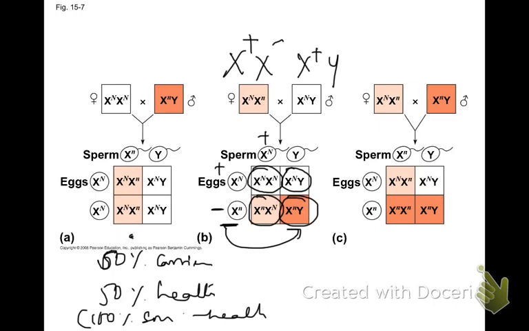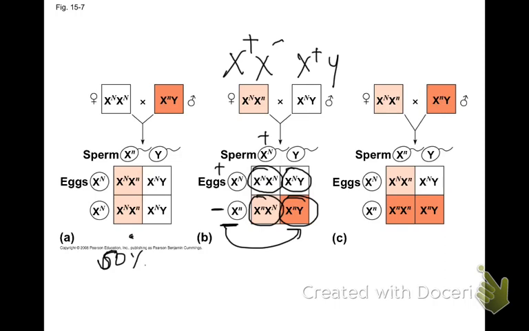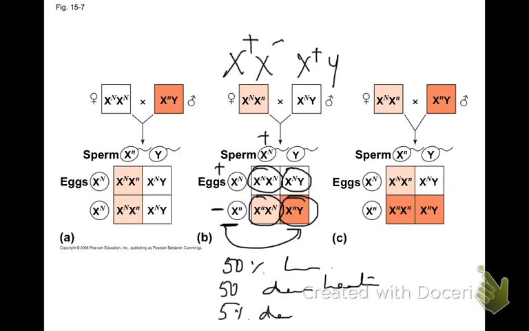On the other hand, let's see how this one works out. In this case, you can say 50% of their children are healthy. In that, 50% of their daughters are completely healthy, normal. 50% of their daughters are carriers. 1/4 of their children are carriers.